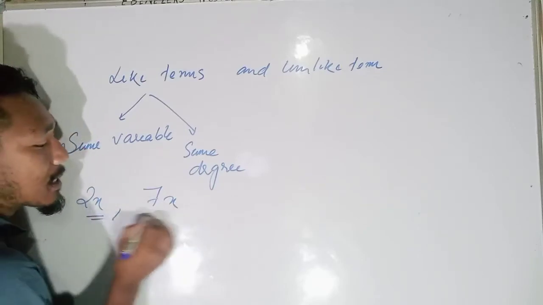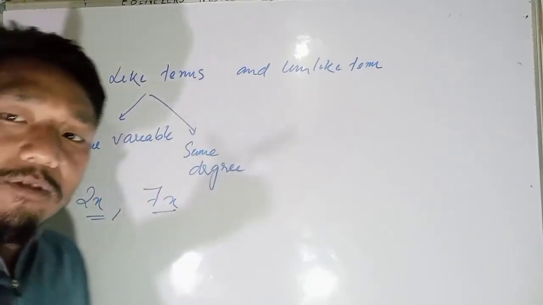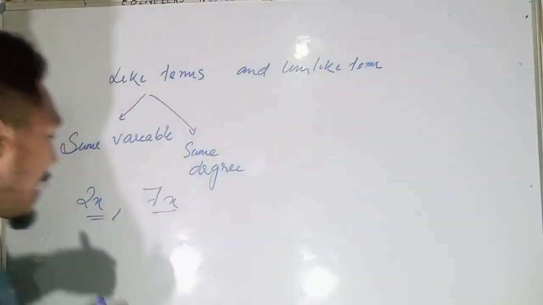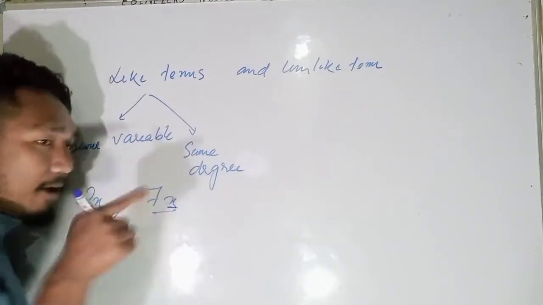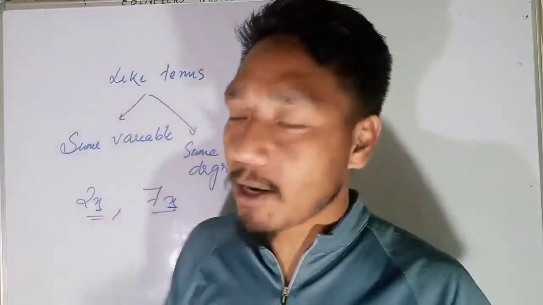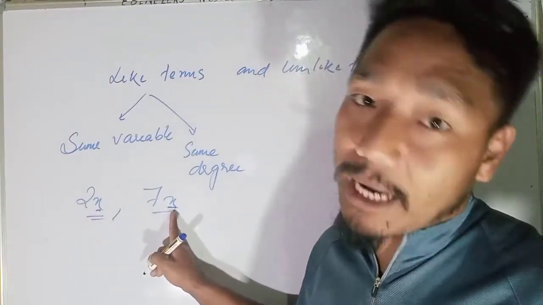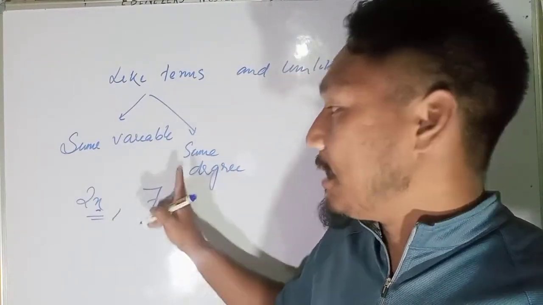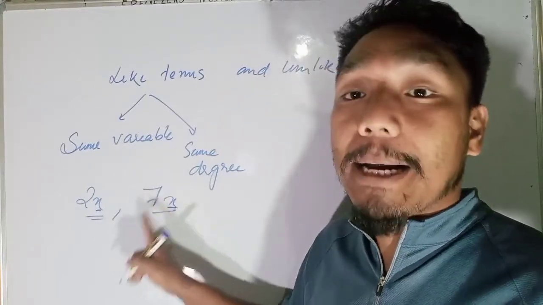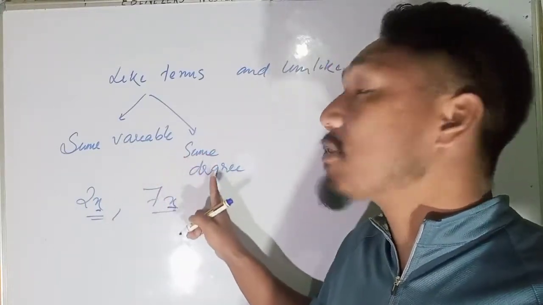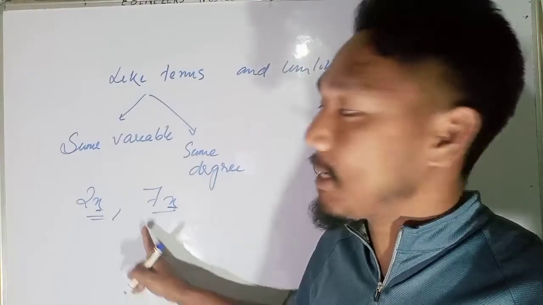This is what we call like terms. They have the same variables: x and x are the same variable. They have the same variable and also the same degree. That is what we call a like term.